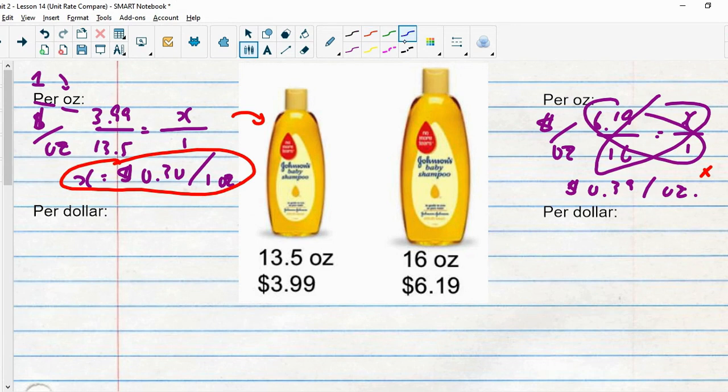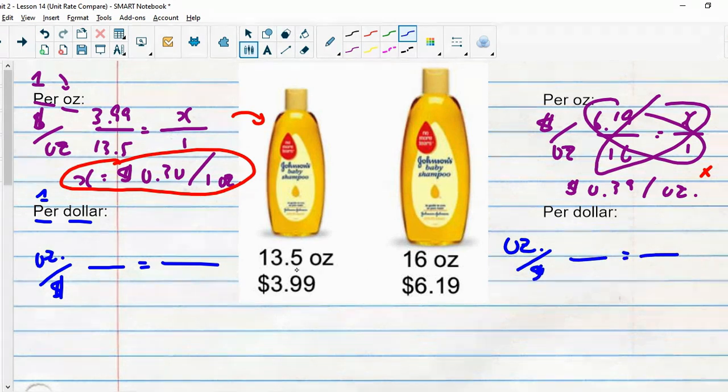Okay, now let's see if this is still true if we flip this around to per dollar. So for every $1, how much would I get? So I'll put the dollar at the bottom, because per means at the bottom. So let's see, ounce per dollar. So 13.5 ounces is $3.99.